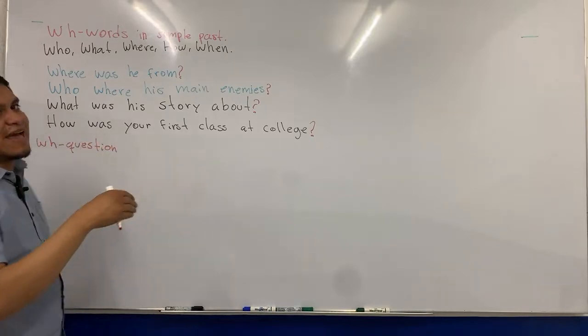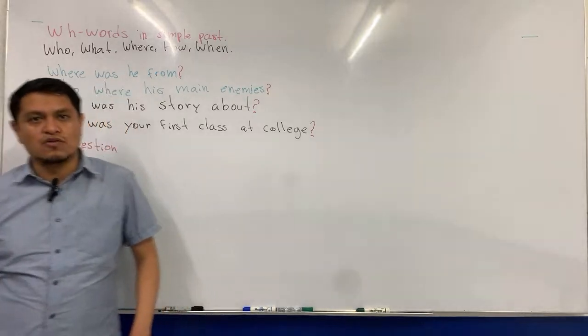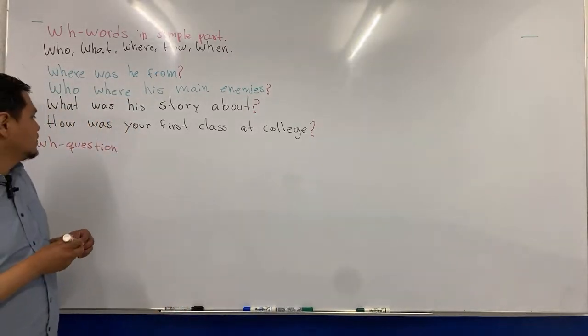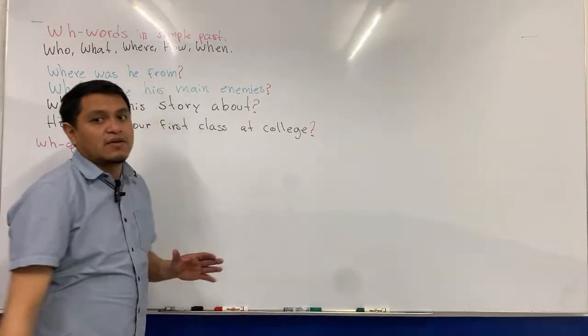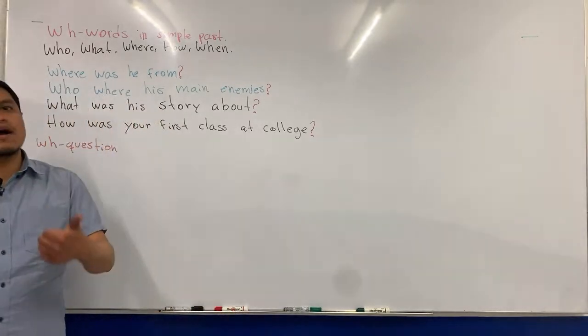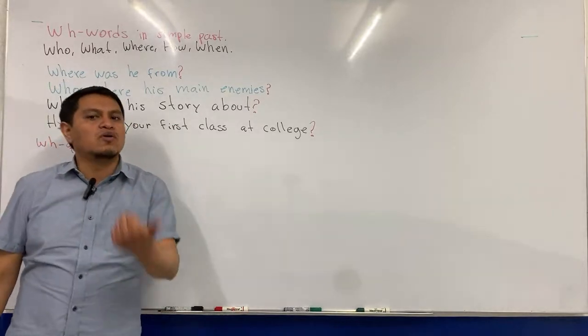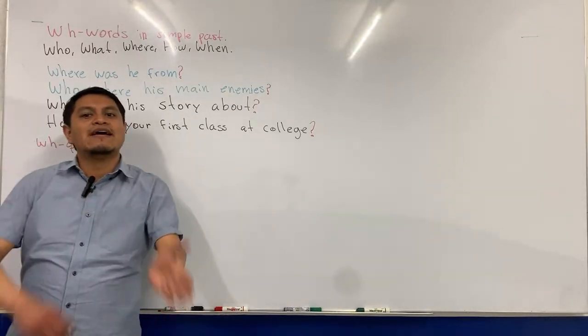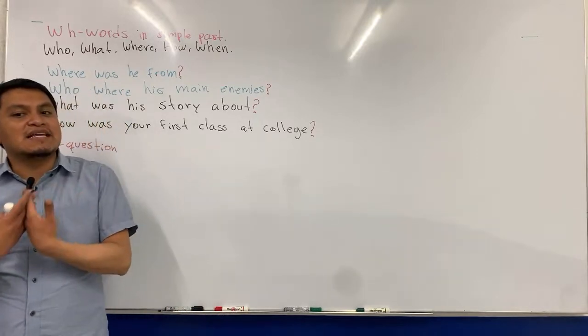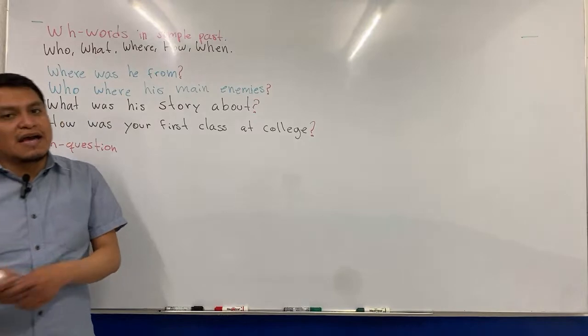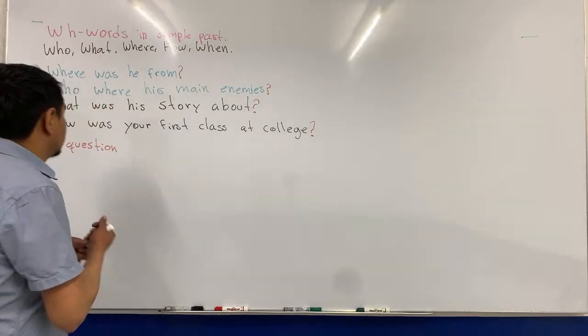First of all, antes que nada, antes que todo. We need WH questions, right? Who, what, where, how, when, etc. Then we need to add the past tense of the verb to be. I mean, was, were.